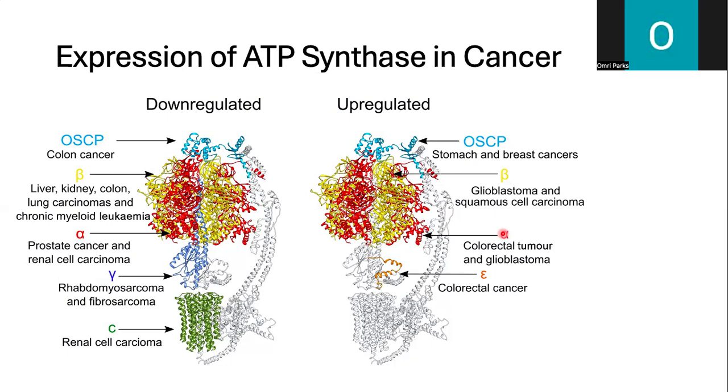ATP synthase is a key enzyme in oxidative phosphorylation. It's crucial for cellular balance, and its levels can be modulated in response to the metabolic demands of the cancer cell.